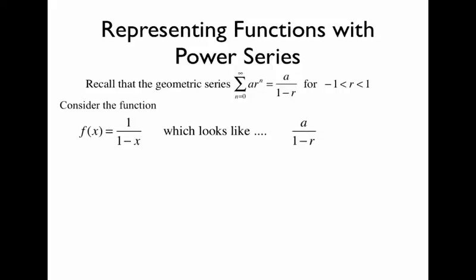With a and r equal to what? 1 and x. A equals 1 and r equals x. So with a equals 1 and r equals x, can you write a series that equals the function 1 over 1 minus x? Can you do it?